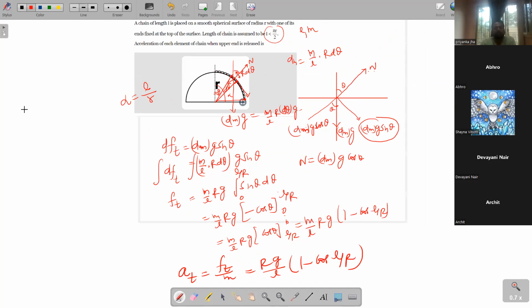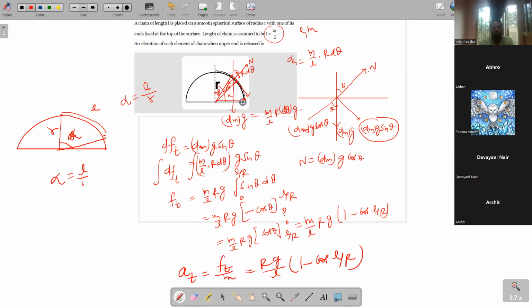Let me draw this figure here. This is the sphere. And the chain is fixed over here, and it goes from here to here, till here only. So the maximum value of theta will be this much only, na? So this is the length, this is r. So this angle will be how much? Alpha.